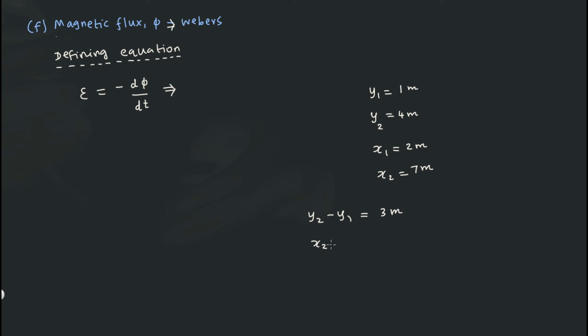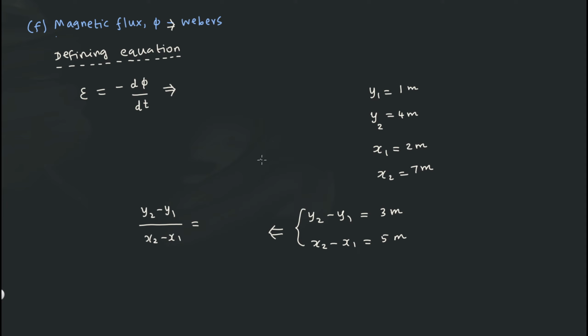Similarly, if you subtract x2 minus x1, you get 7 minus 2, 5, meter will be there. Now using these, you take the ratio between them. Then I'll be getting y2 minus y1 divided by x2 minus x1. So what is that? You get 5 meter divided by, what is y2 minus y1?